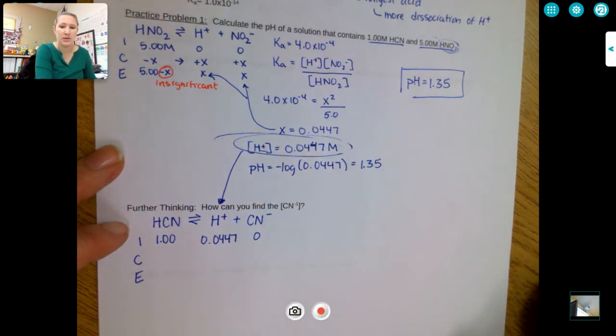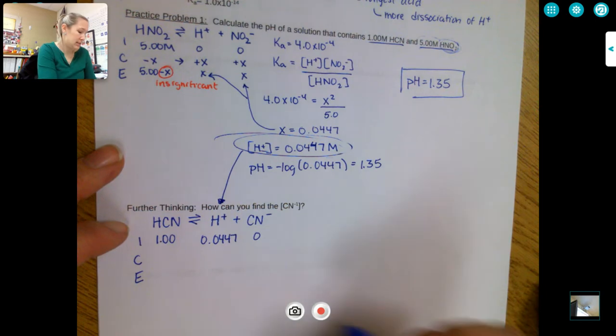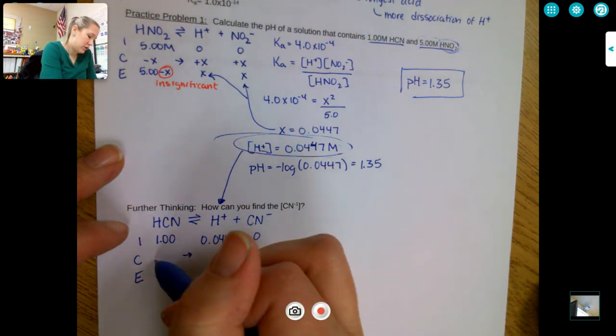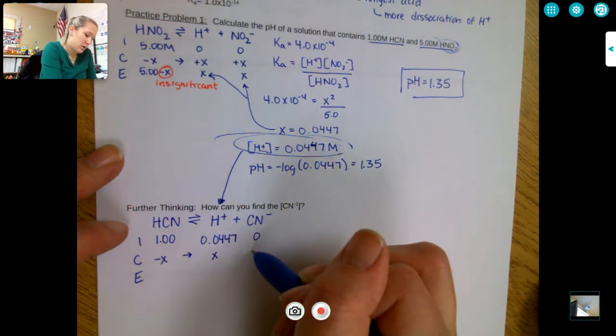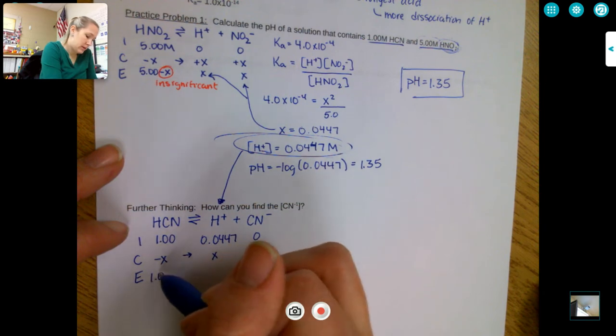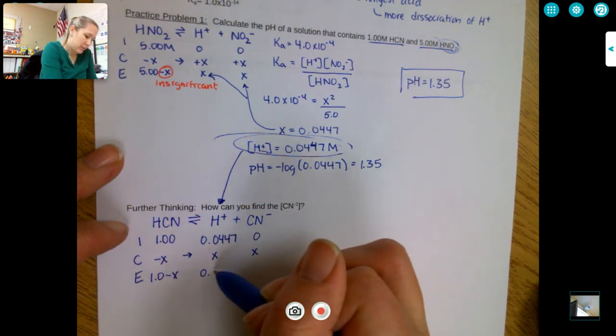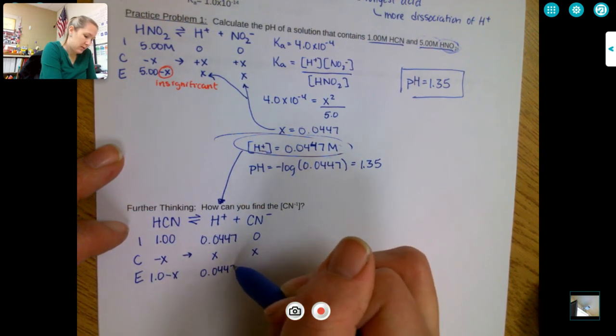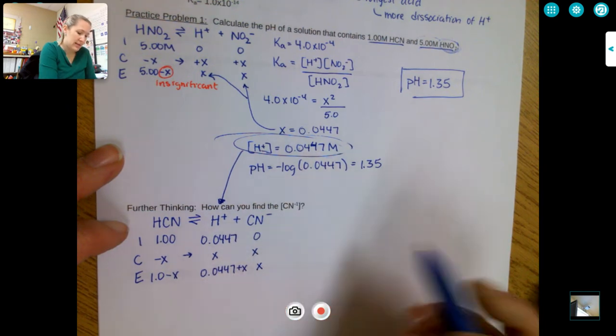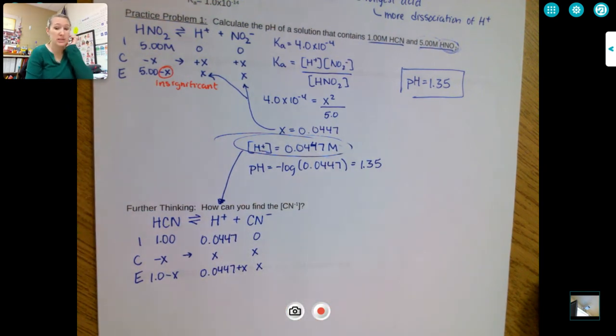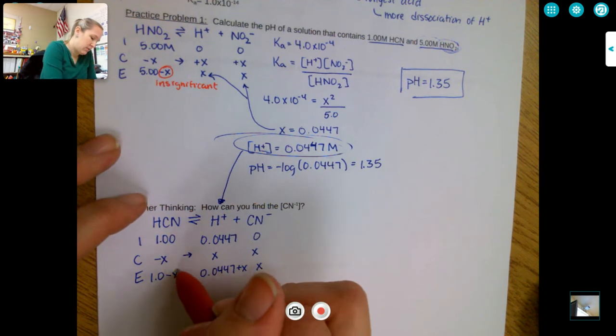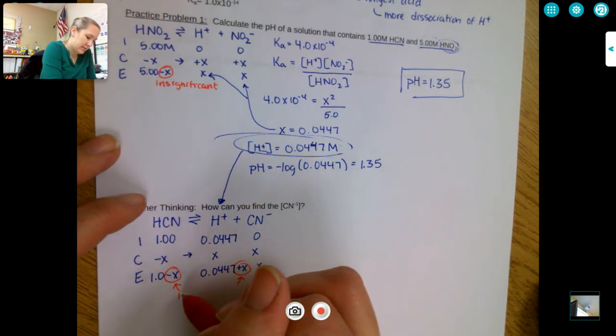And we haven't dissociated any cyanide ions yet. Again, we shift to make more. So 1 minus x, 0.0447 plus x, and x. Now, we will see that both of these changes are insignificant.